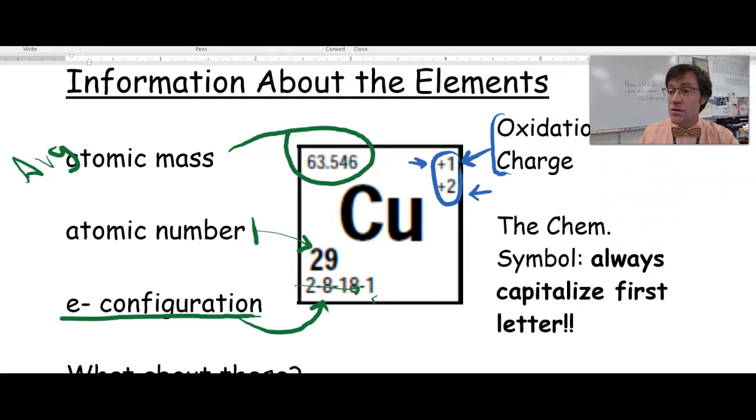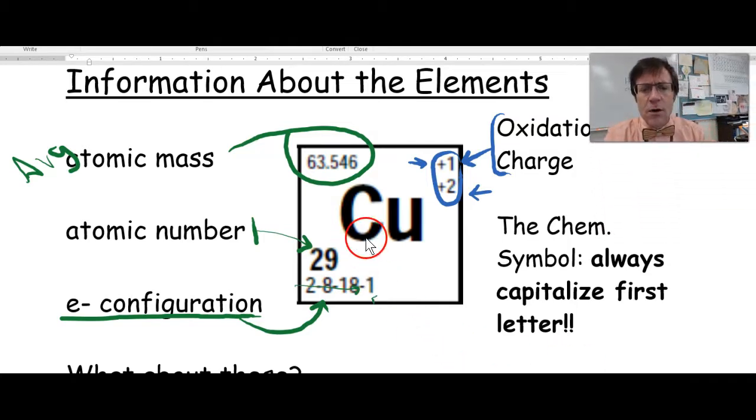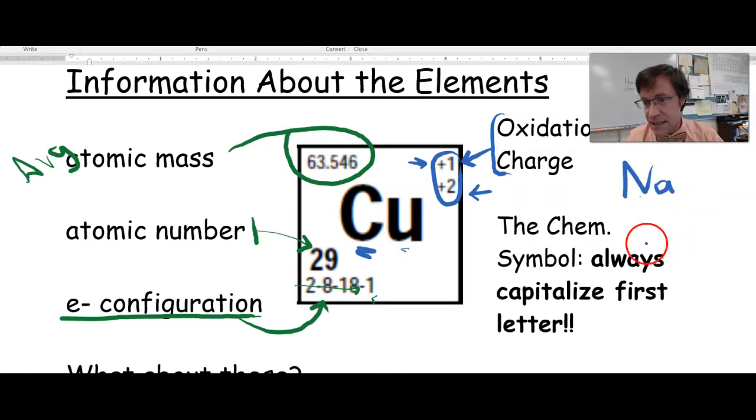And then, of course, the chemical symbol. And if you notice, it is always capital first, then lowercase. So, for example, I'm going to write over here for sodium. Sodium, this is one that everybody likes to do, is Na. That is the proper symbol for sodium. This I cannot accept. So here's the deal. Uppercase, lowercase, good.